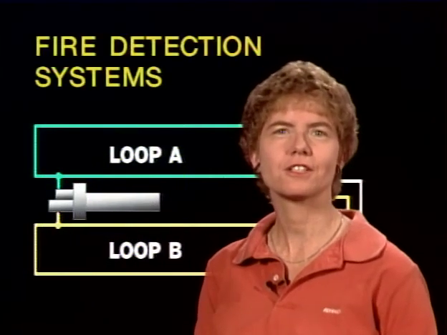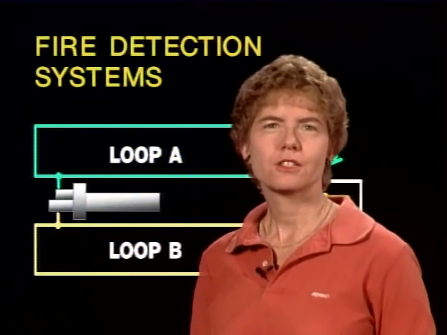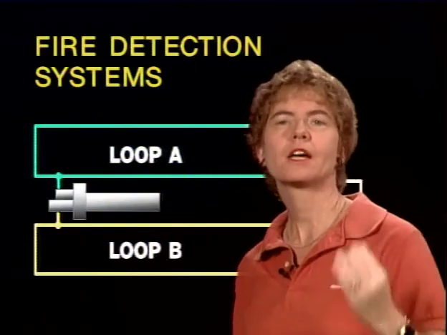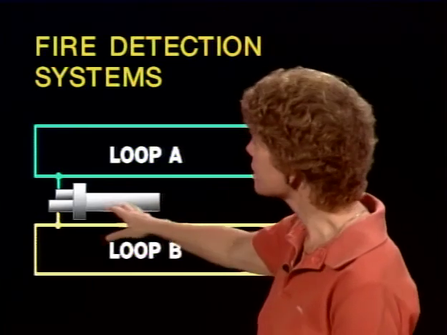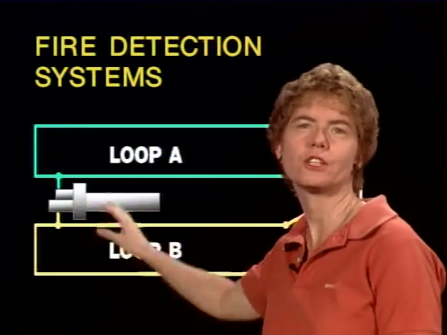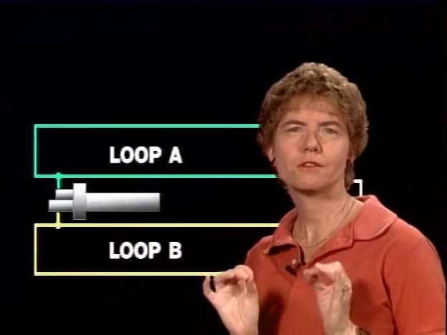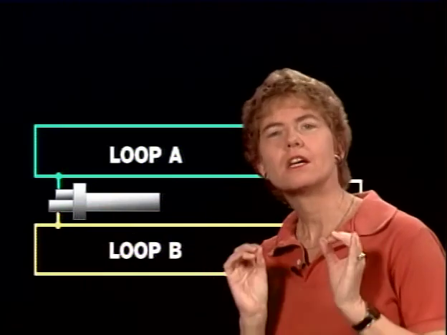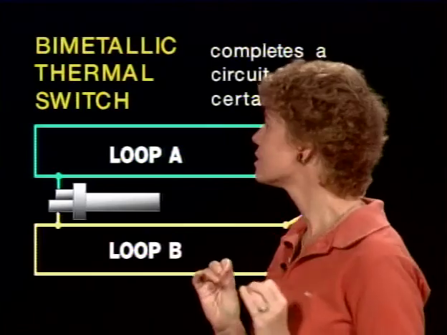Now let's talk about fire detection systems. With fire detection systems, very often they use a bimetallic thermal switch. Here's our bimetallic thermal switch, and it's a heat-sensitive switch, and what the bimetallic thermal switch does is it completes a circuit at a certain temperature.